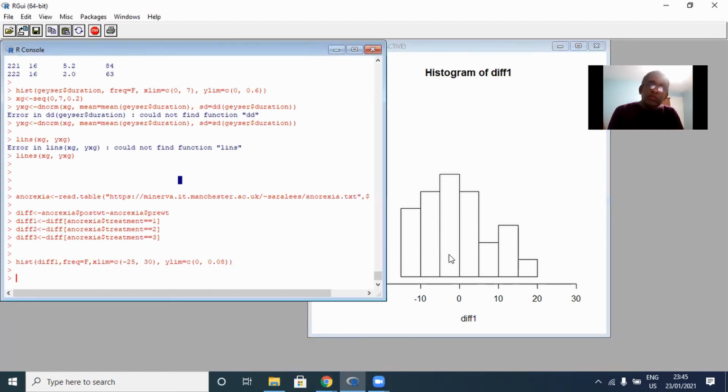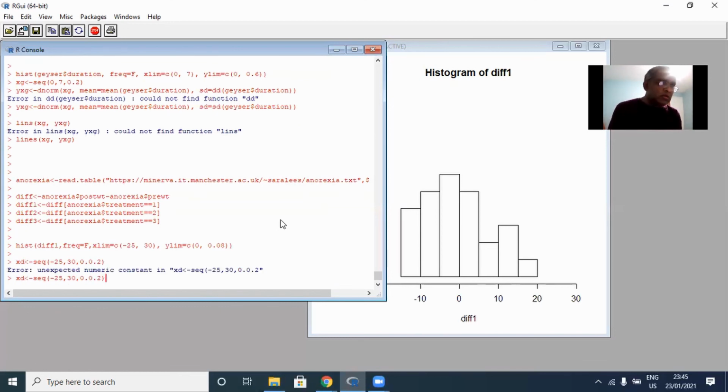Okay, I'm going to plot on top of this the fitted PDF under the normal distribution. So the first thing I need to do is to define the x values. Let's call it xd. There's no need to call it xd1. Taken to be a sequence from minus 25 to 30 in steps of 0.2.